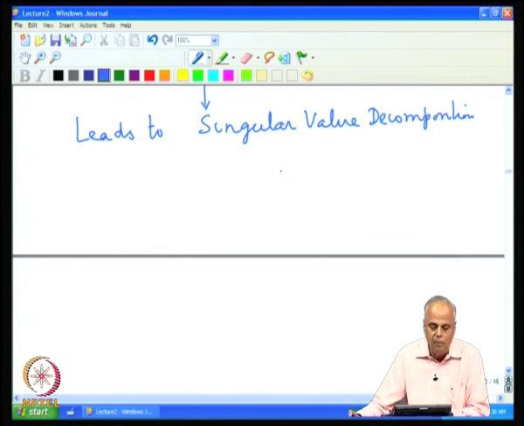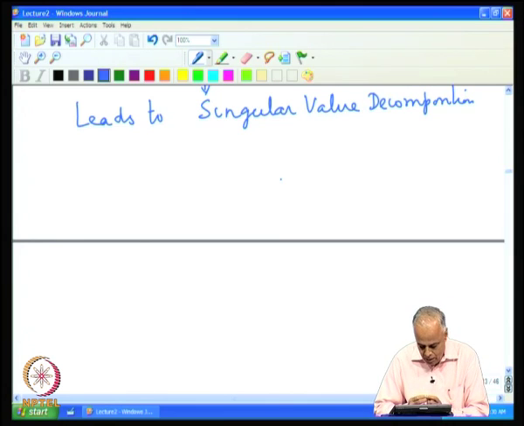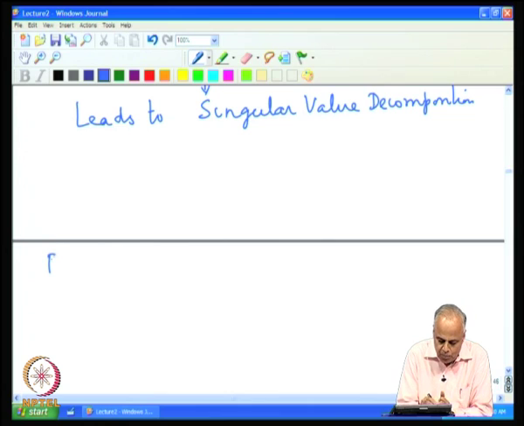Before we begin our formal study of linear algebra, we would look at one more important problem connected with matrices, or one more important problem of linear algebra. This we will call the fourth problem.